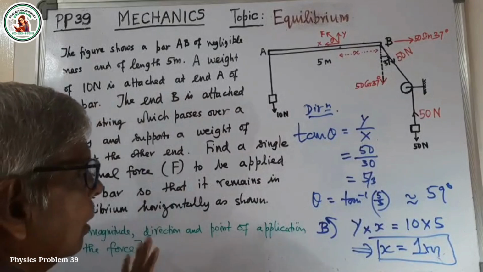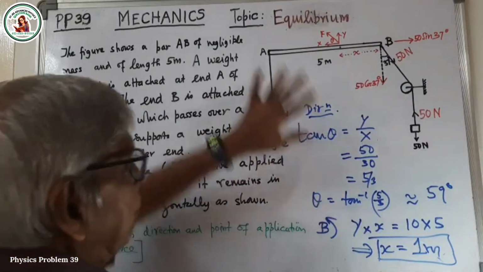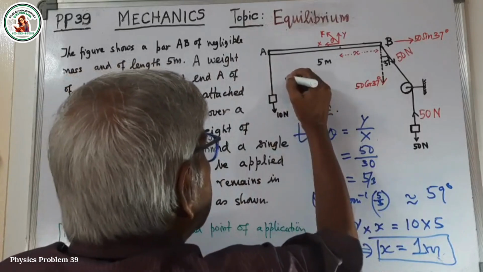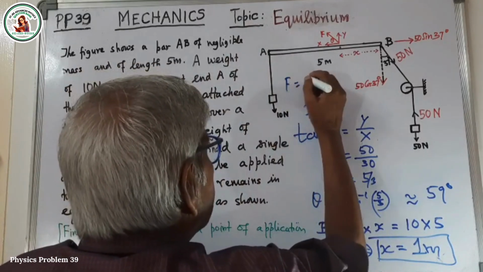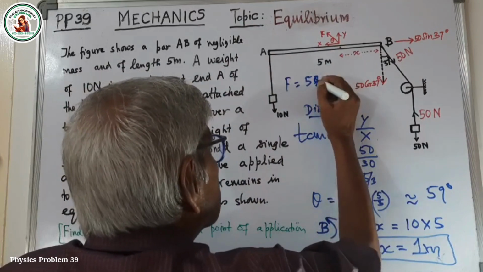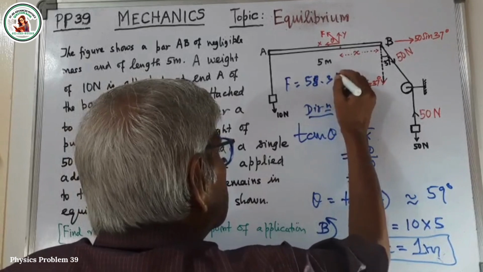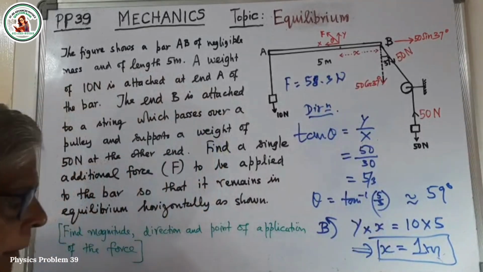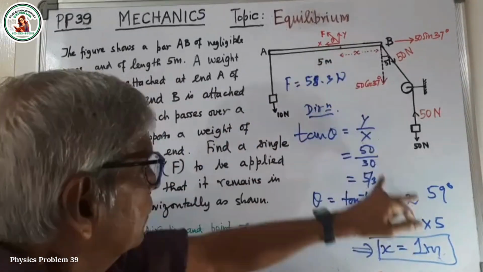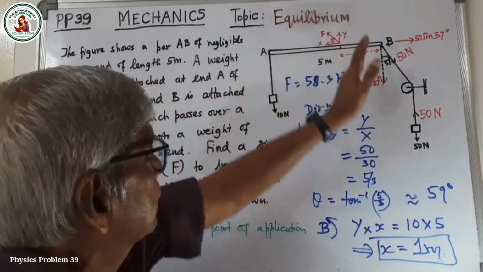So we got all the three requirements. Magnitude is F equal to 58.3 newtons. Direction is given by tan inverse of this, so 59 degrees.